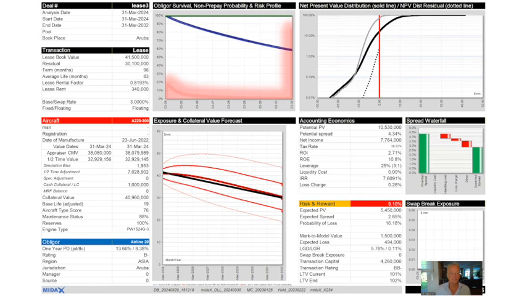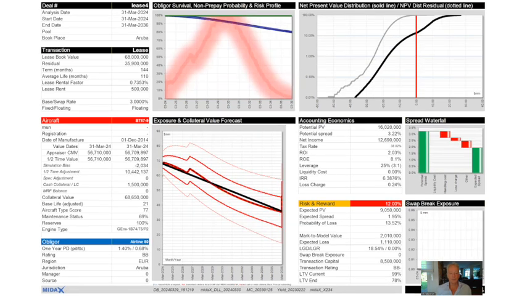Then the third lease, lease 3, is an A220-300 on lease to airline 20, which has a B- rating based in Asia. This lease has a 9.1 risk-reward ratio. And then the final one, lease 4, is for a wide-body 787-9 to airline number 50, a BB rated airline.